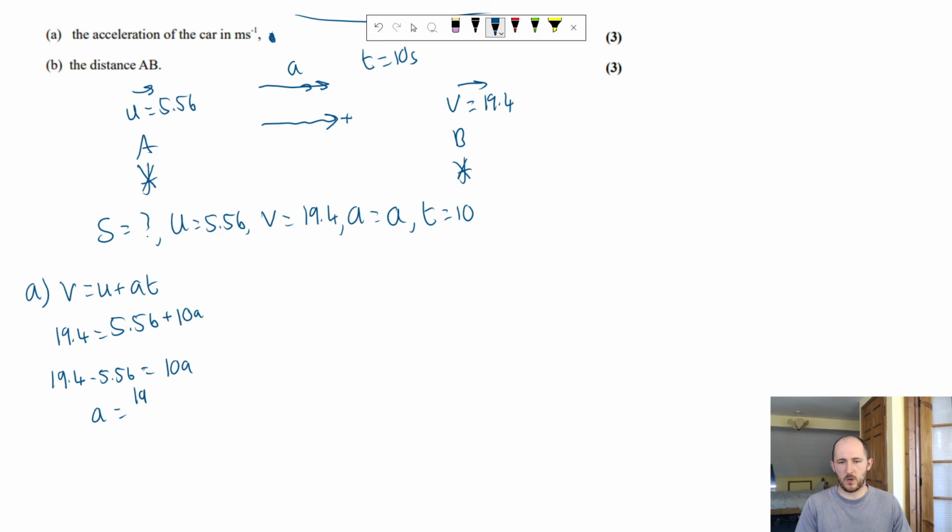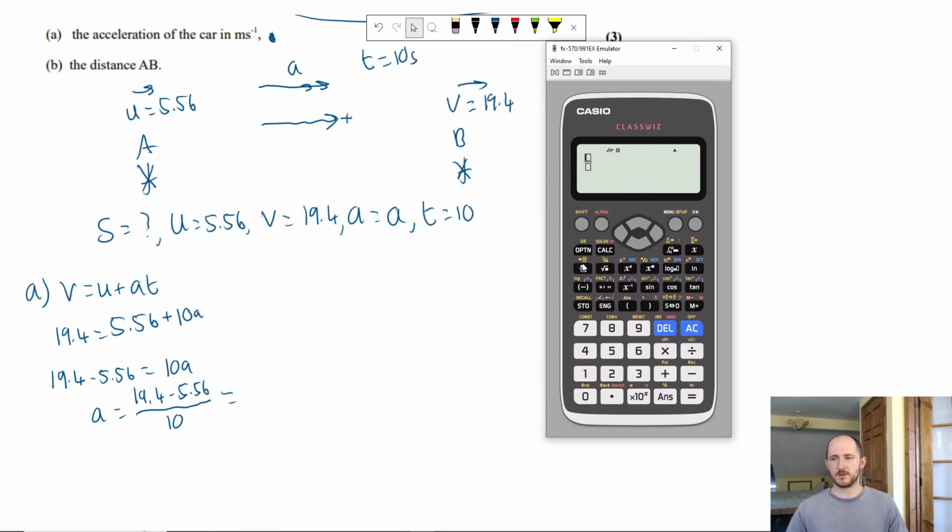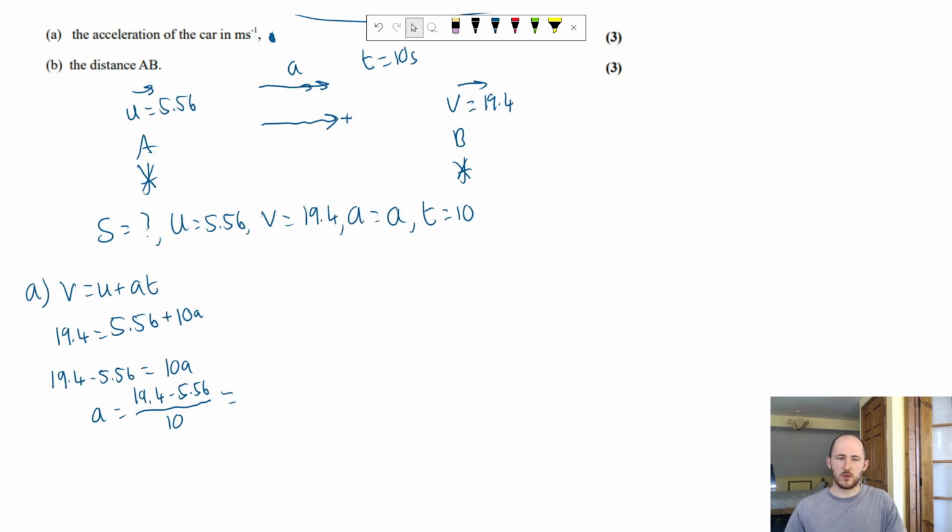And I just do it all in one go on the calculator. You might also want to rearrange it algebraically instead, which is actually my preferred method. My preferred method is actually to rearrange for A and then sub it in, but I know a lot of students don't like that, which is why I do it this way. But it's all good to me. So let's keep going. 1.384, let's call it 1.38 meters per second squared.